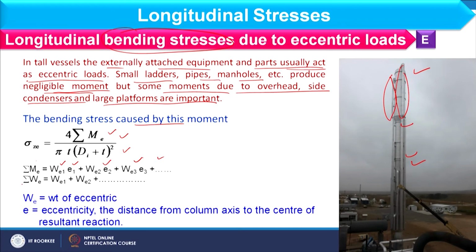And total We is basically the weight of the eccentric load, right, and e we consider as eccentricity, that is the distance from the column axis to the center of the resultant reaction. Okay. So, in this way we consider the eccentric load and the stress generated due to this.